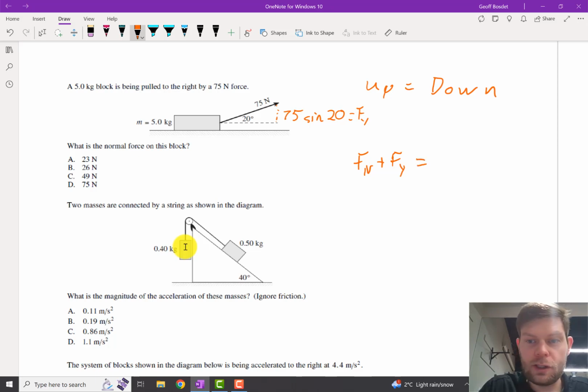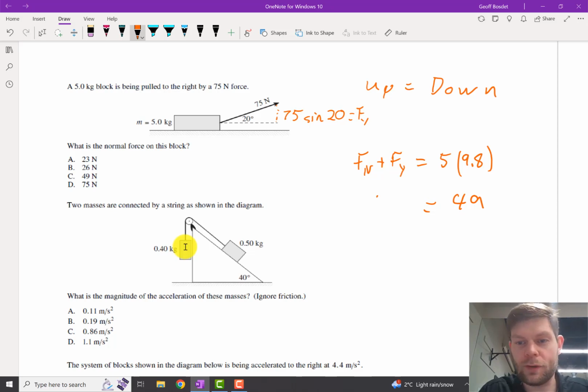And that's got to equal gravity, which is 5 times 9.8, or 49. So we got 49 equals, if I had to guess, probably like 30-ish. I don't know, it's close enough.